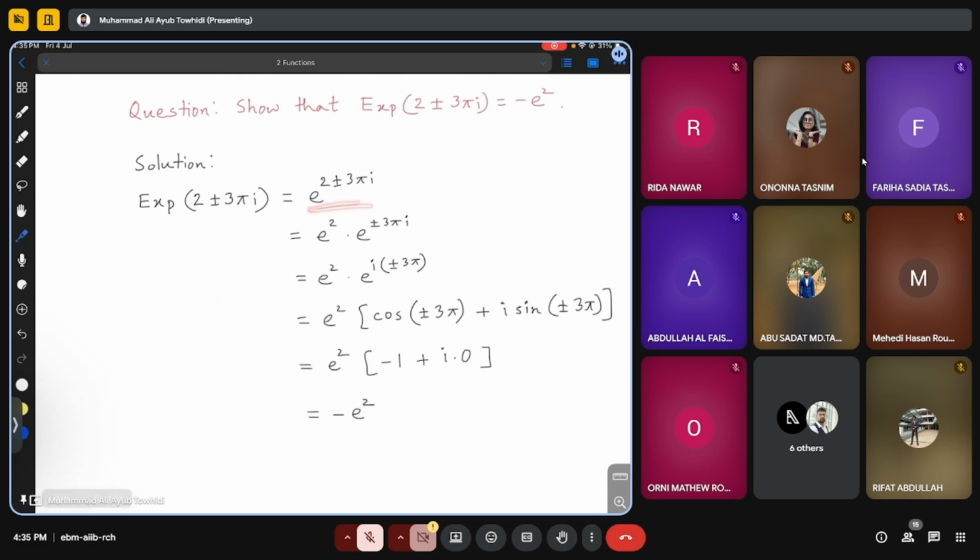This one is actually easier. So you can keep it like this: e square times e to the power plus minus 3 pi i. Then this one has the Euler formula: cos theta plus i sin theta. Cos 3 pi is minus 1, sin 3 pi is 0.